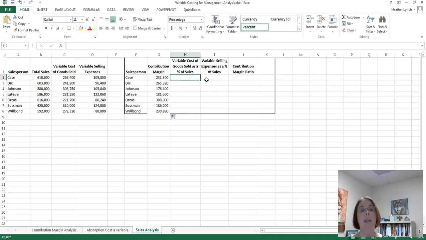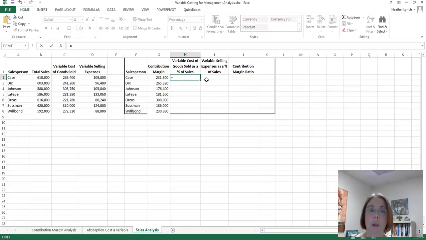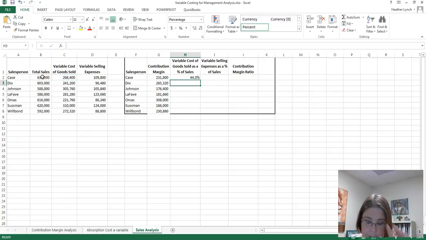Okay, so now we need to look at variable cost of goods sold as a percentage of sales. So what I can do here, looking at variable cost of goods sold, is take my 268,400, divide that by my total sales, and that gives me a percentage.